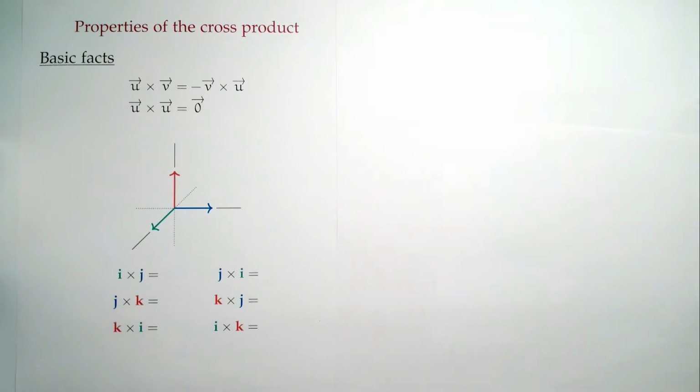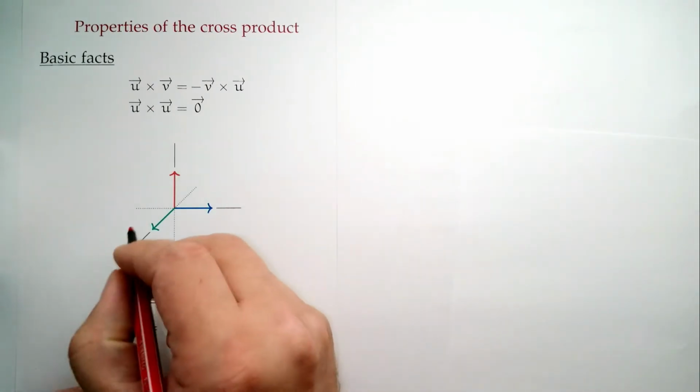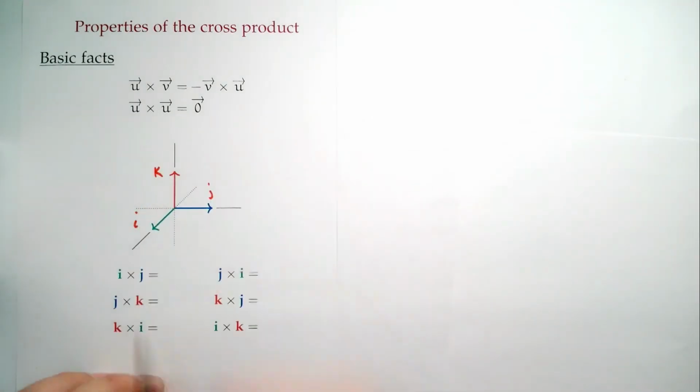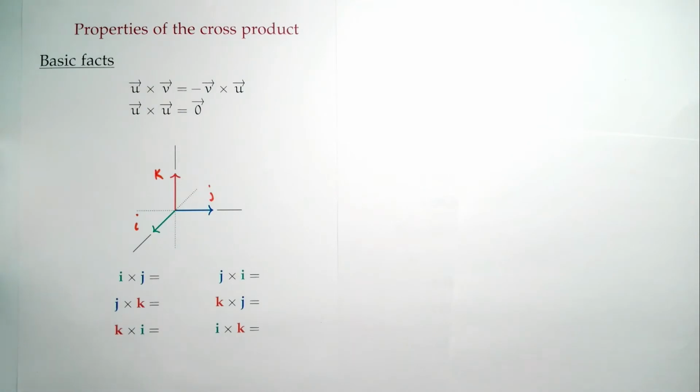Let's start with our nice basic vectors here. As a recall, these are the vectors i, j, and k. So i points in the positive x direction, j points in the positive y direction, k points in the positive z direction. Now there are a couple of nice things about these vectors. One is that they're all perpendicular to each other.